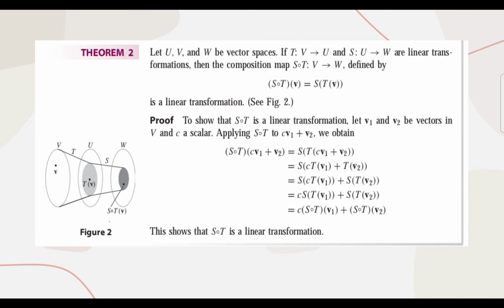The composition is S∘T. The bottom arrow represents the shortcut or combined operation, where S∘T is defined as a single mapping from V directly to W. So we get (S∘T) of v equals S of T of v.